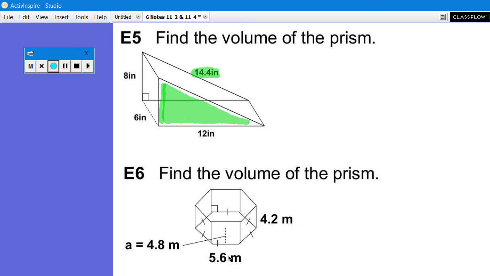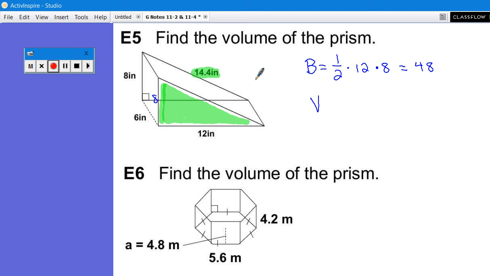Remember, the area of a triangle is found by doing 1/2 times the base of that triangle. The base of this triangle is 12, times the height of that triangle, which is right here. That height is going to be 8. And when you find the area of that base, you're talking about 48 right here.